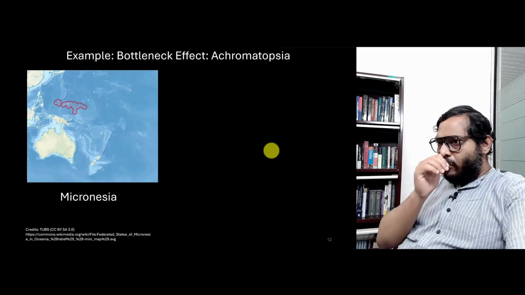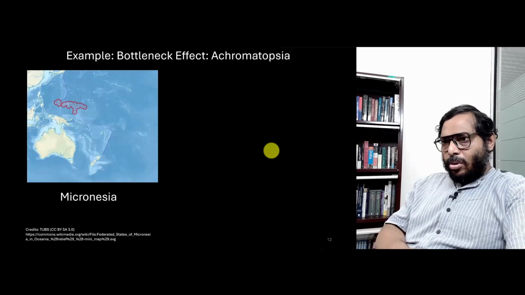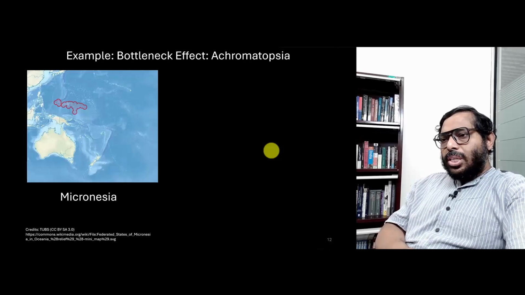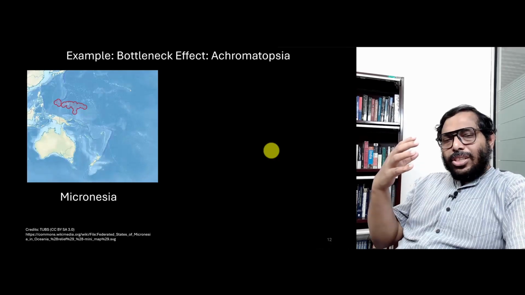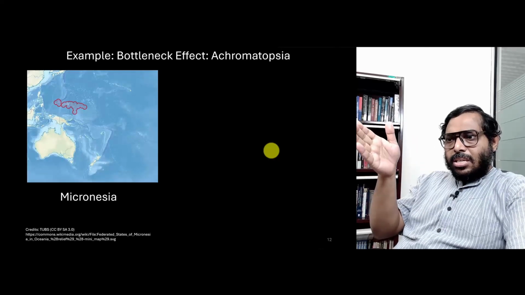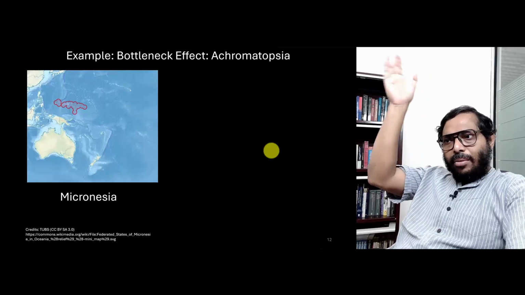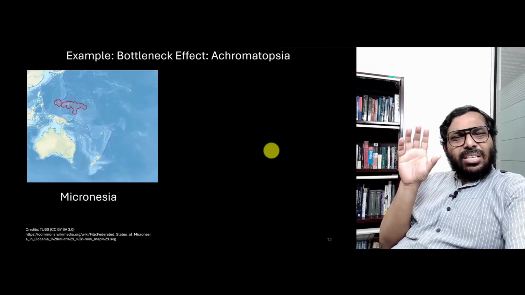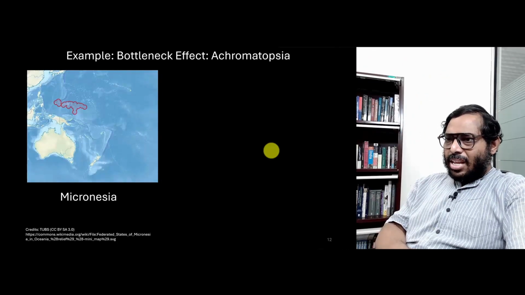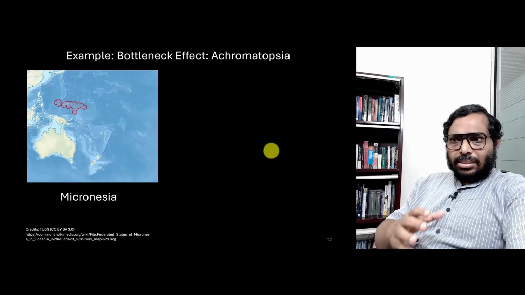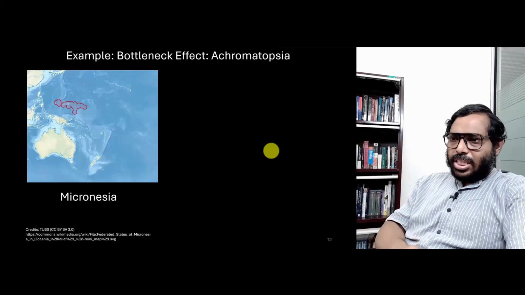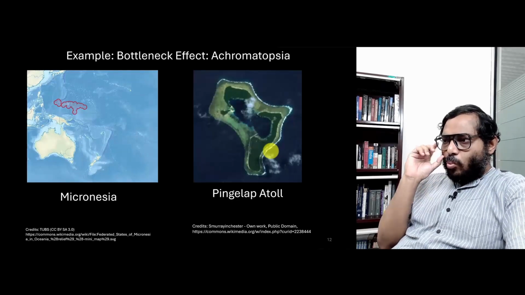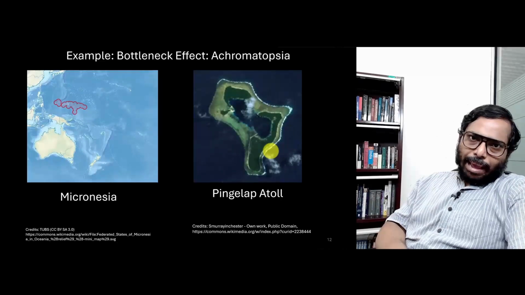Now, I am sure many of you would not have heard about Micronesia. Micronesia is a bunch of islands, as you can see, somewhere north of Philippines, very small tiny islands, and amongst these islands that constitute this nation of Micronesia, there is one which is known as Pingalap.